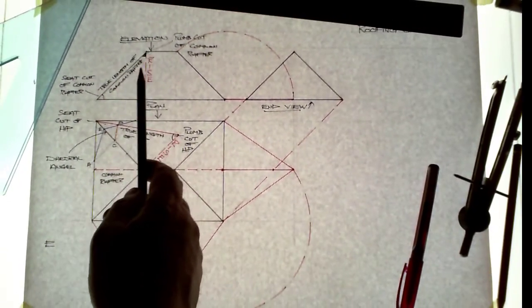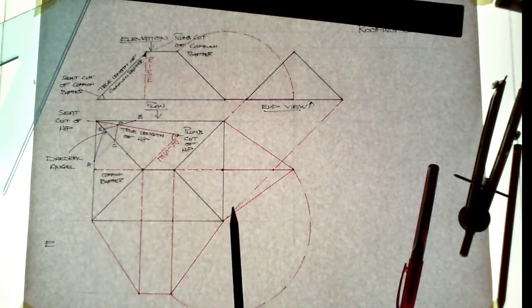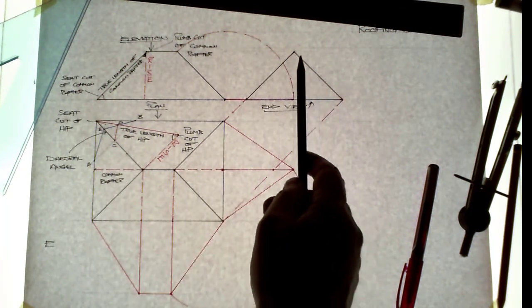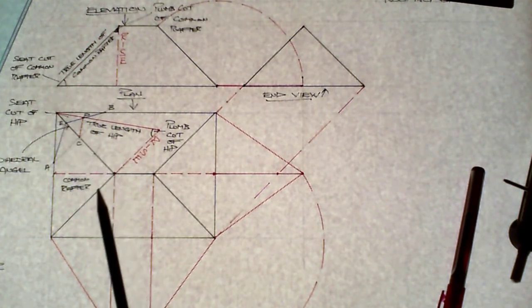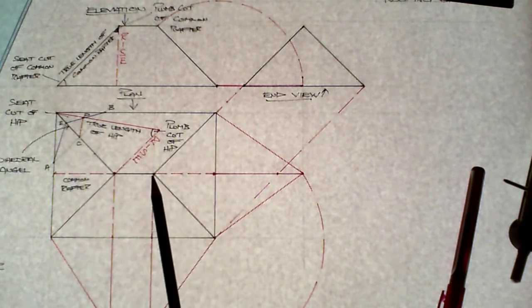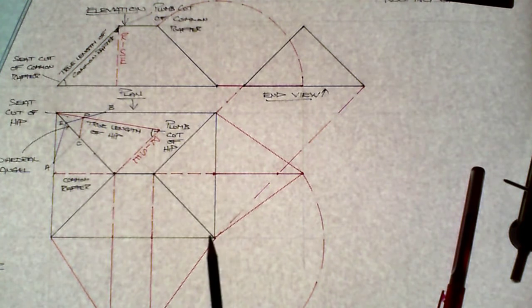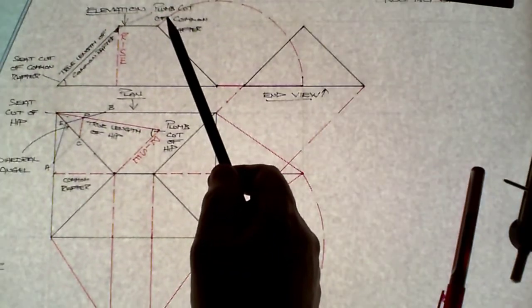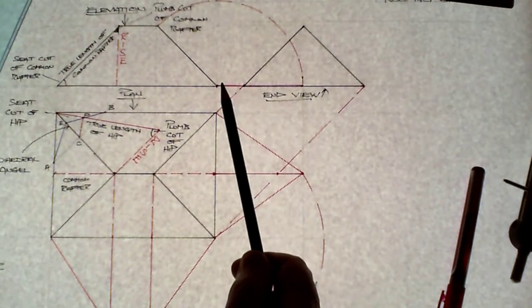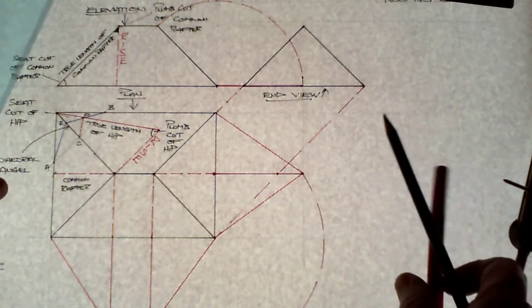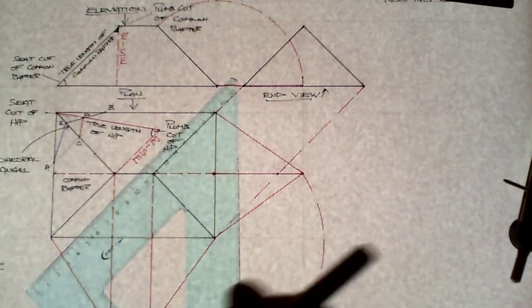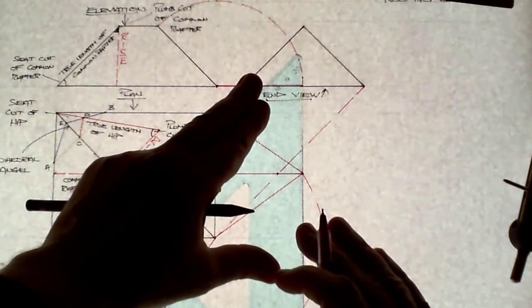Elevation, the plan, the end view. We have on plan the hips, the ridge, the wall plate. I've pulled the true length of the common rafter down onto the horizontal, brought it down there to the plan.